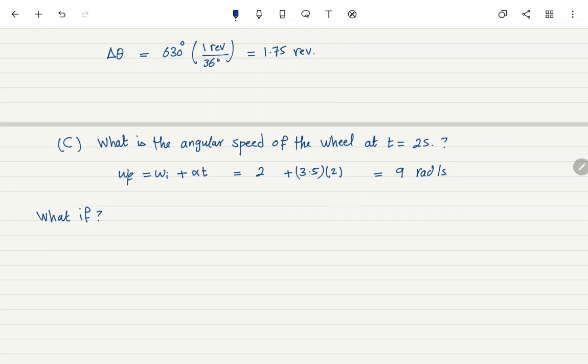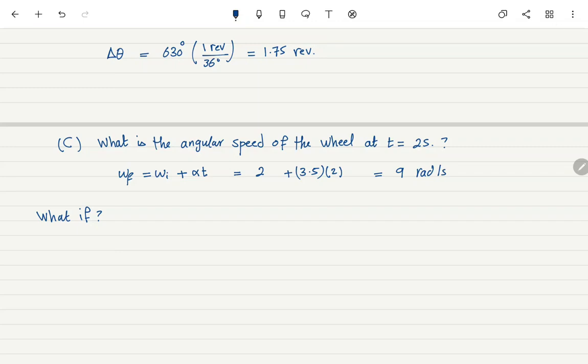Now suppose that we have the same situation as before, but rather than rotational motion, we have translational motion. Same numbers, same everything, but instead of using rotational motion, we use translational motion. What is the velocity of the particle at t equal to 2 seconds?